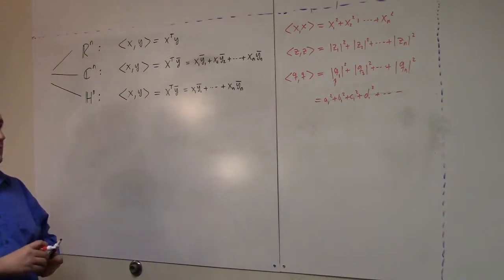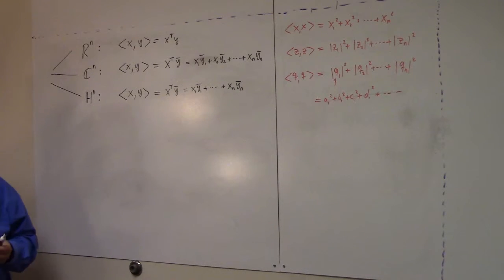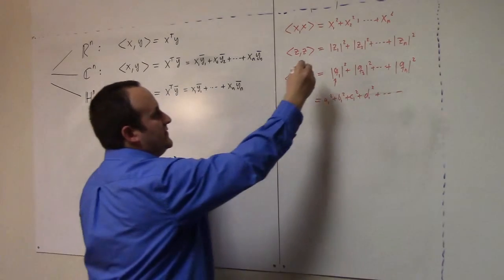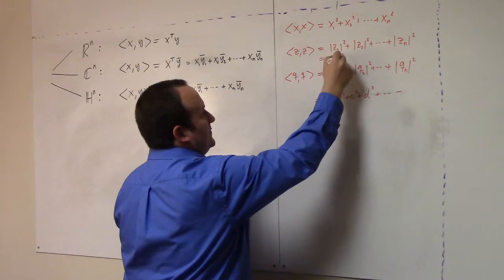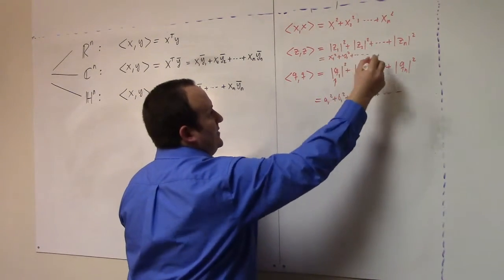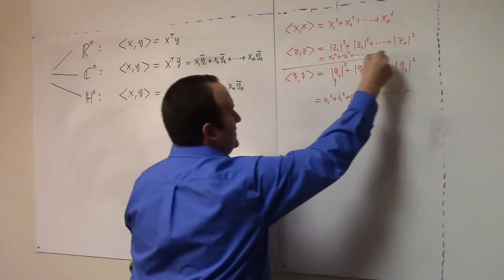If you break it down to real notation, there are 4n squared terms there. If you break this down into real notation, you've got something like x1 squared plus y1 squared. You've got 2n squared terms in the complex case.